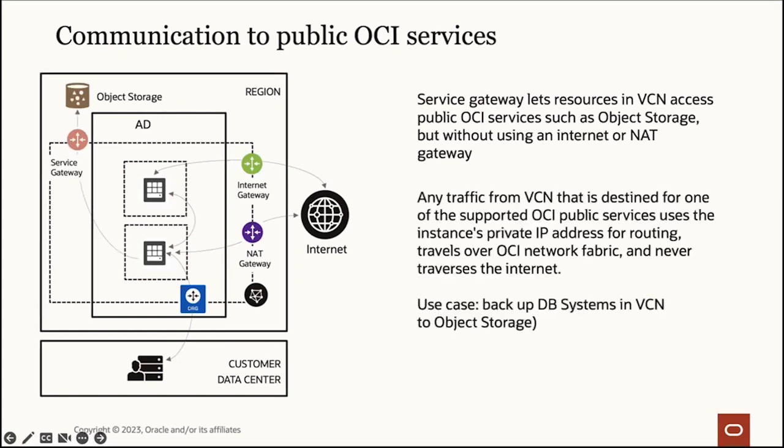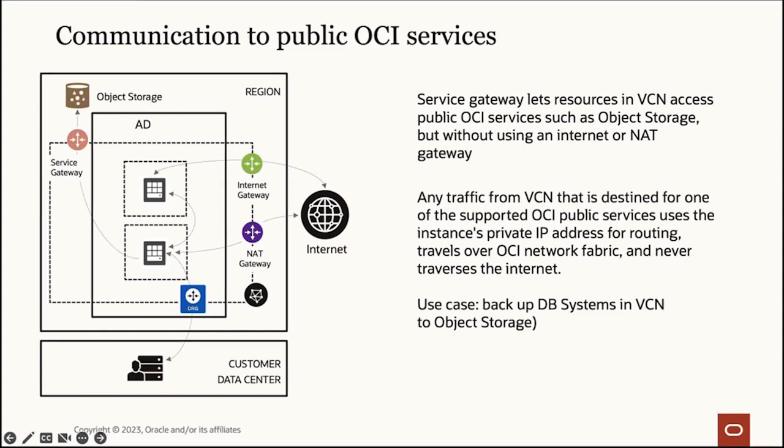Next up, we have communication to public OCI services. We touched on this earlier on the route table slide, but this is essentially using the service gateway to get to things like object storage. The service gateway will let resources in your VCN access public OCI services without using the internet or NAT gateway.